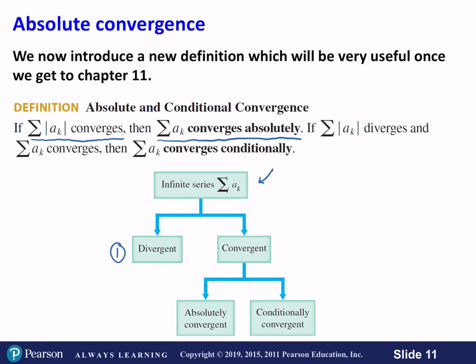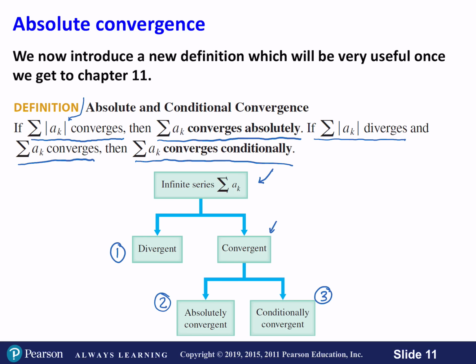The second category is if it is convergent, it can fall into 2 subcategories. It might be absolutely convergent, where if you took the absolute value, it would still converge. Or it might be conditionally convergent. Remember that conditional convergence happens when the absolute value diverges, but the regular series converges.